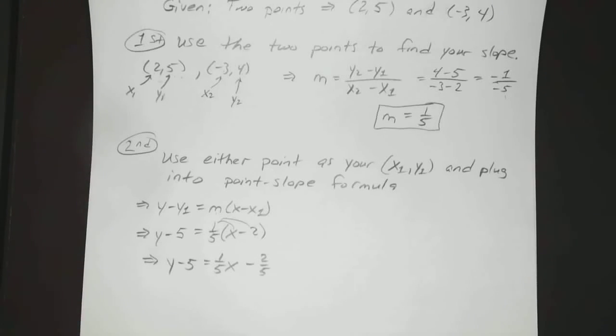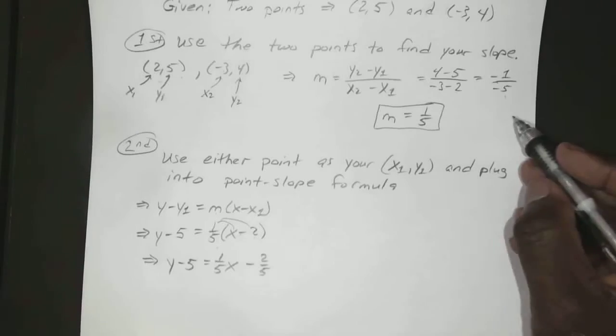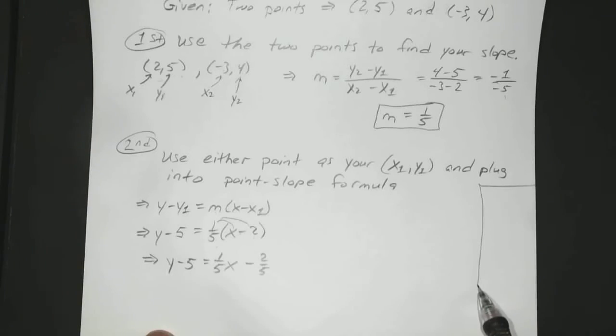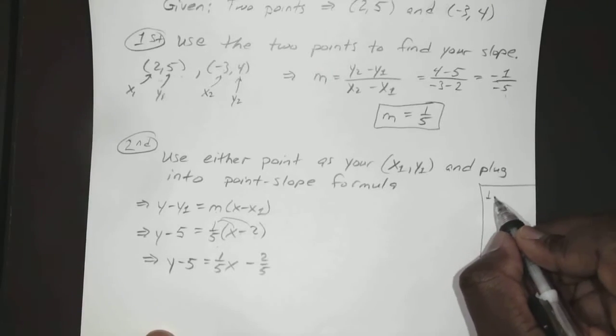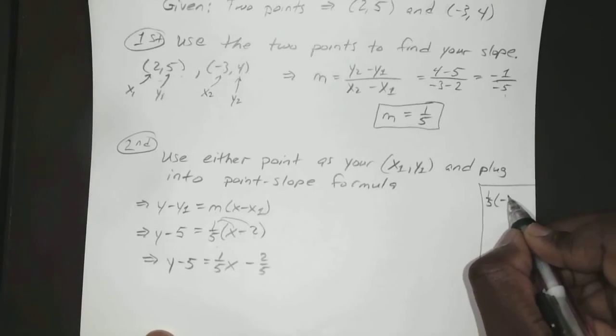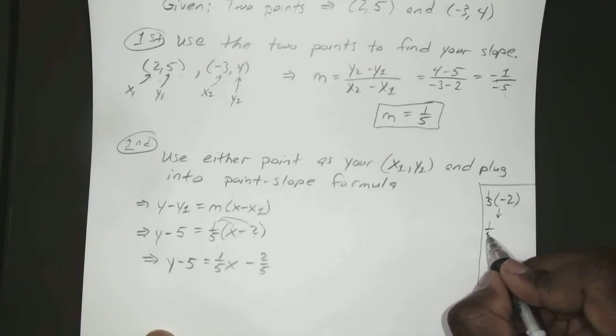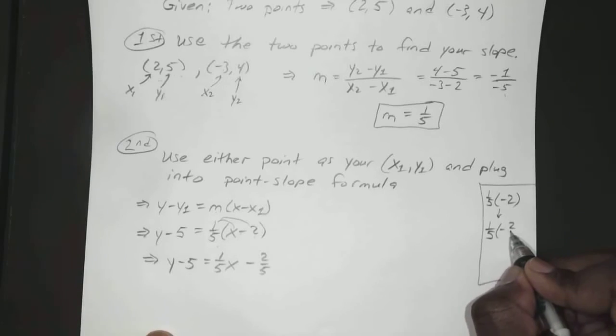Can you show how you did that? Or did you just know? Negative 2, the 1/5. 1/5 times negative 2. Oh, yep, with that one, let's see. You have 1/5 times negative 2, which is just the same as saying 1/5 times negative 2 over 1.